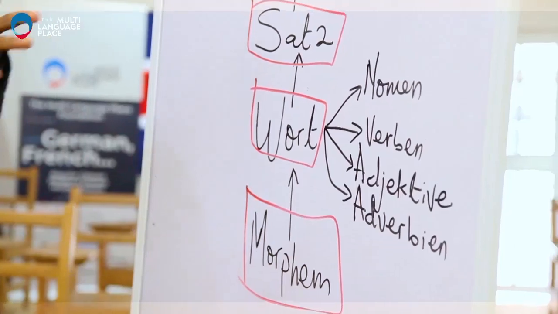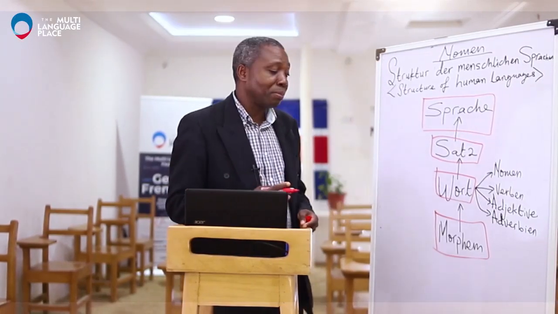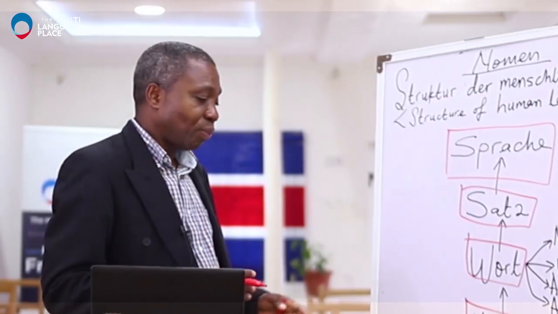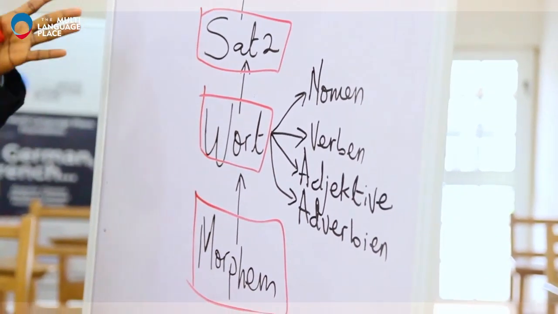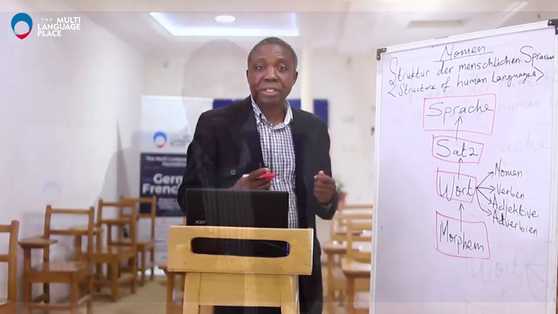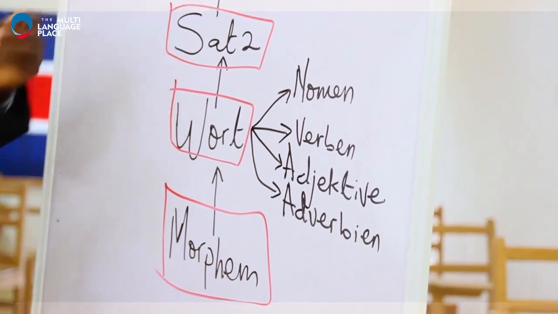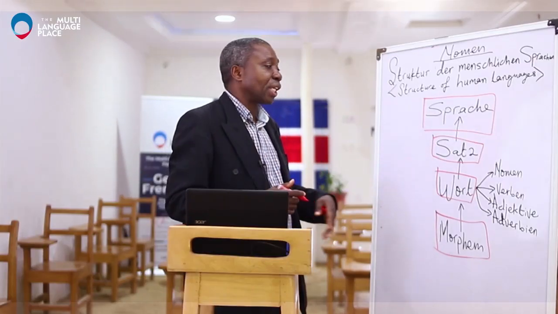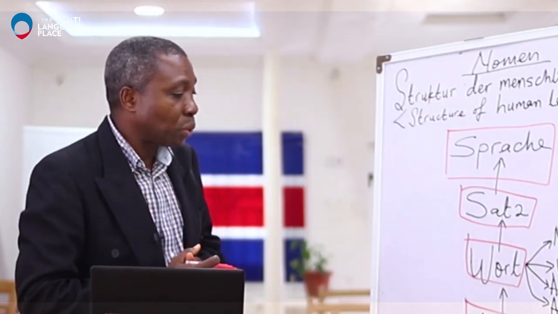When the smallest units come together, either free morpheme or bound morpheme, by the time they come together, they form what we call word. And then the word, when you have several words together, then you have a sentence. But then when you have many sentences and they come together, you have, let me call it a text, or whichever. You can also say there you have the whole content of the language.